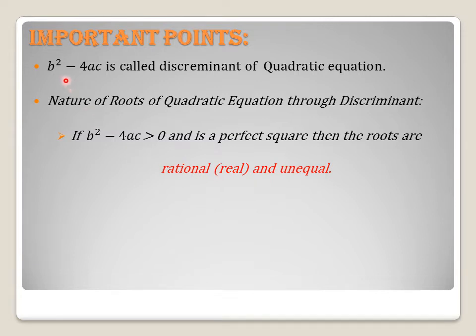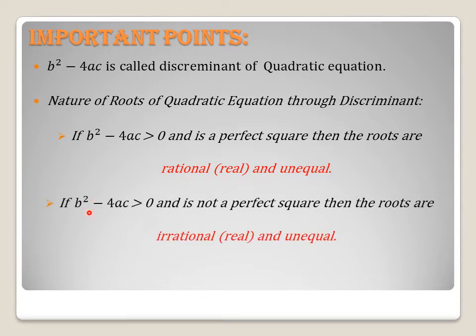That is, if after applying b square minus 4ac our answer is greater than 0, which means a positive number, and is a perfect square, which means its root is possible and not a decimal, we will write that the roots are rational, real and unequal.